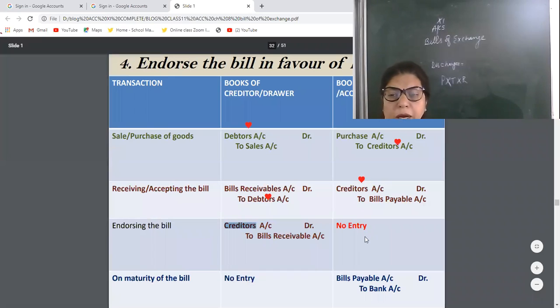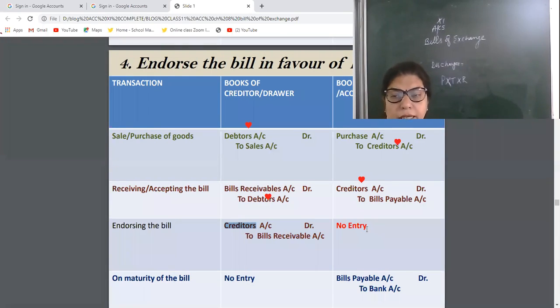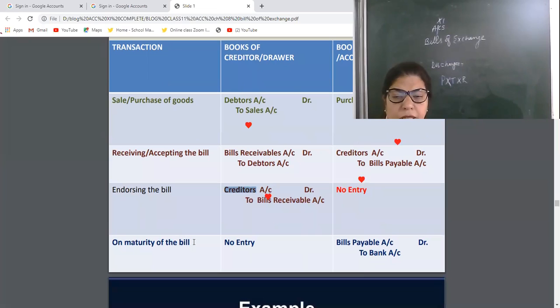Why will he not pass any general entry? Because he doesn't know what the drawer is doing with his bill. He will make the payment on maturity. So the maturity date will come and the drawee will pass the same general entry as he has been doing from the beginning: bills payable debit to bank, payment made on maturity.